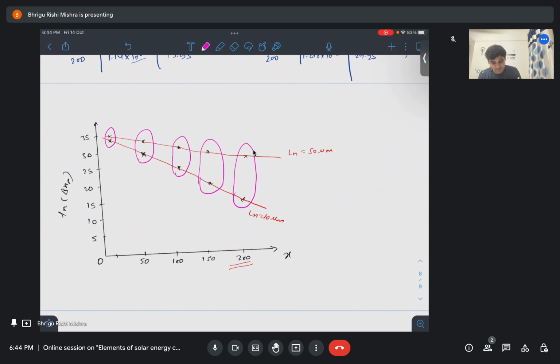So at 10 micron, for both diffusion lengths, the two concentrations are very close to each other.